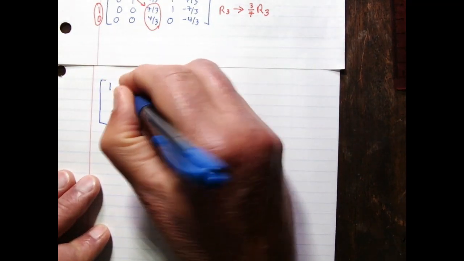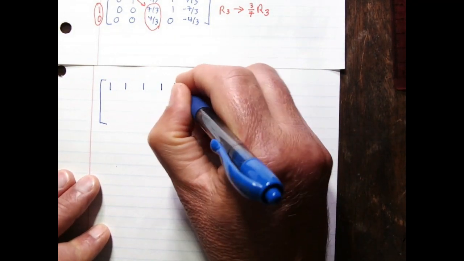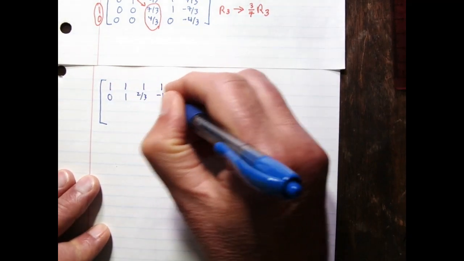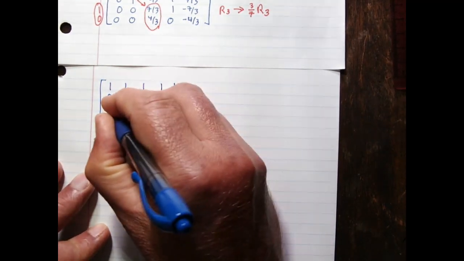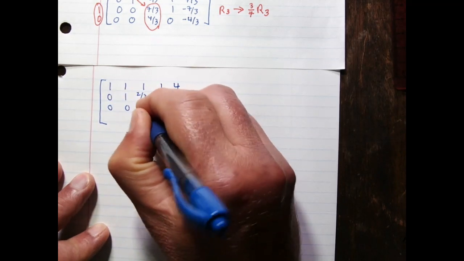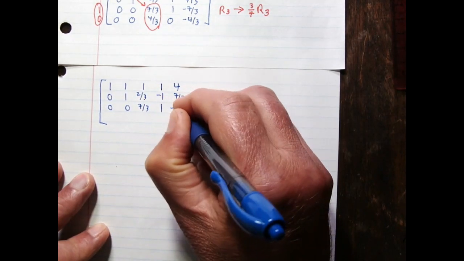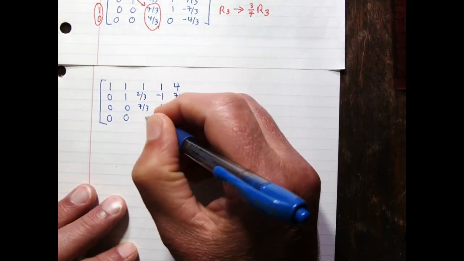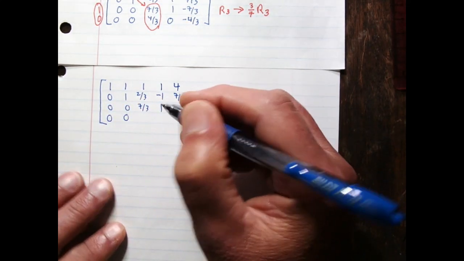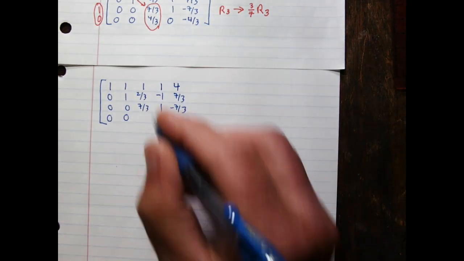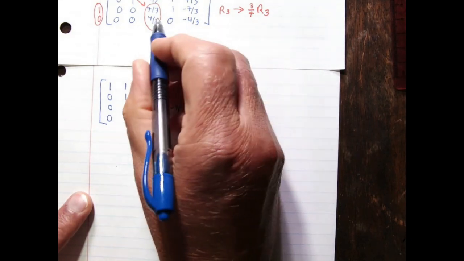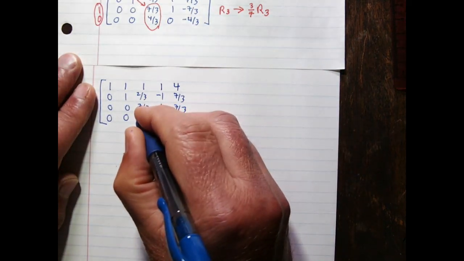So I have 1, 1, 1, 1, 4, 0, 1, 2/3, negative 1, 7/3, 0, 0, 7/3, 1, negative 7/3, 0, 0. Now, I just goofed. So I was changing my row 3 here, so I didn't want 7/3.